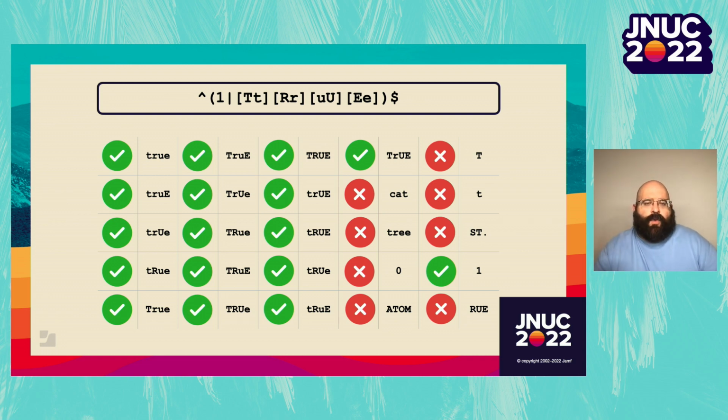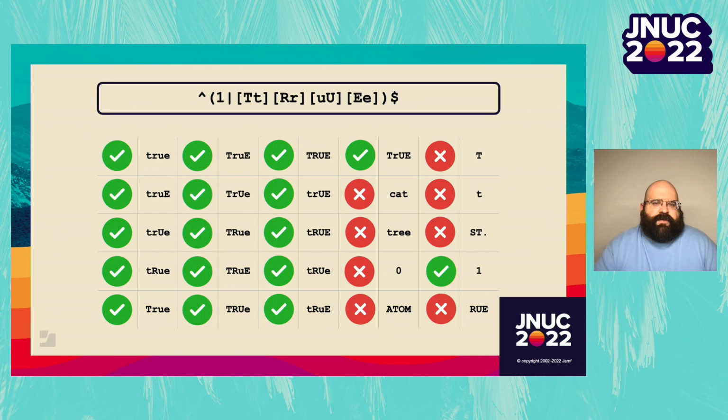You'll notice that the order that I put them inside of the individual set doesn't matter. What matters is the orders of those sets. T has to come first, followed by R, followed by U, followed by E. Else it's not true.